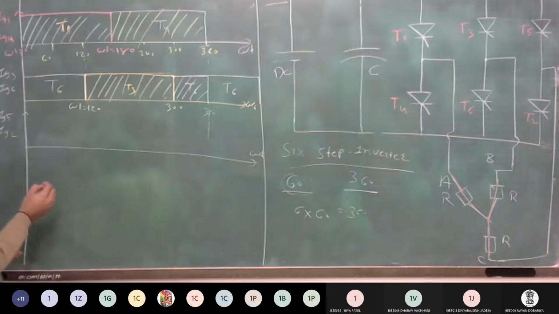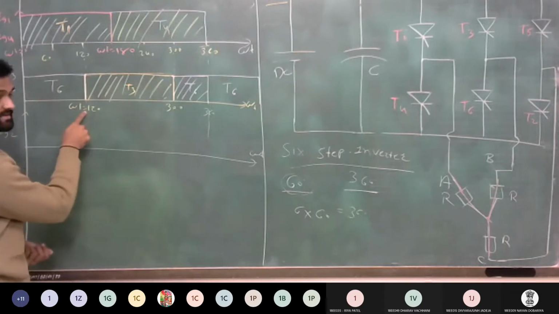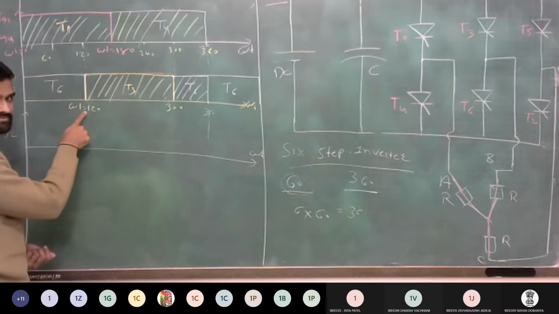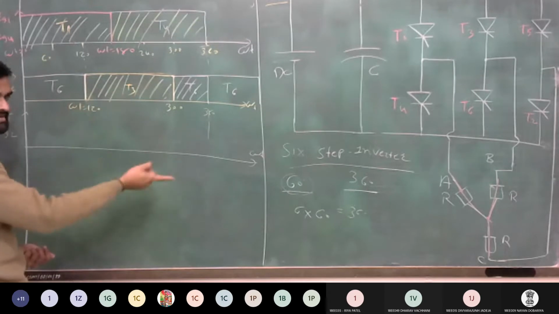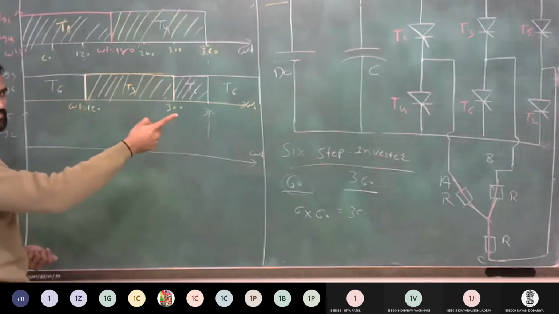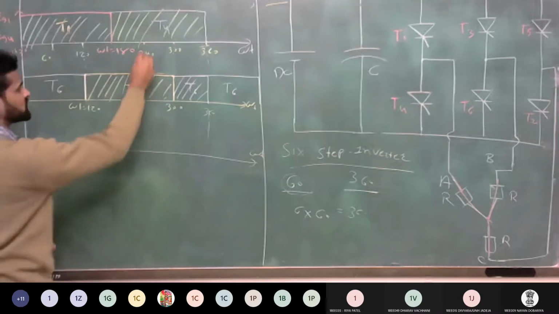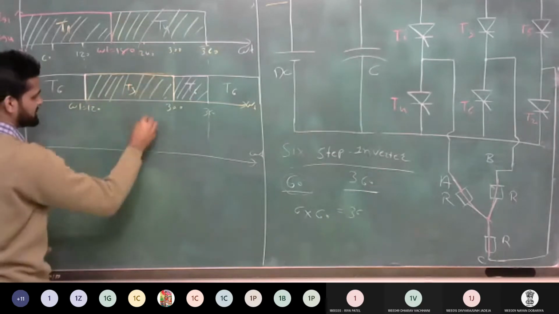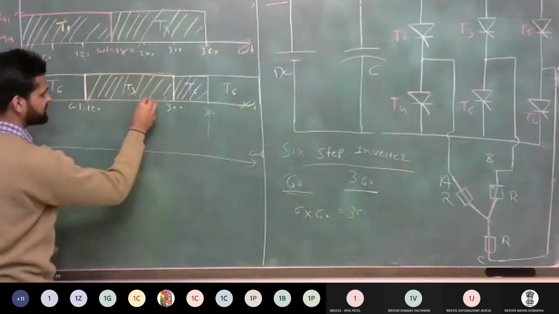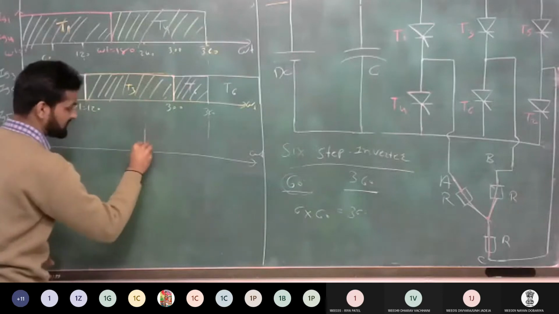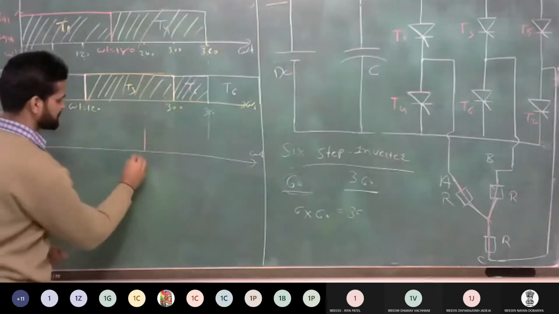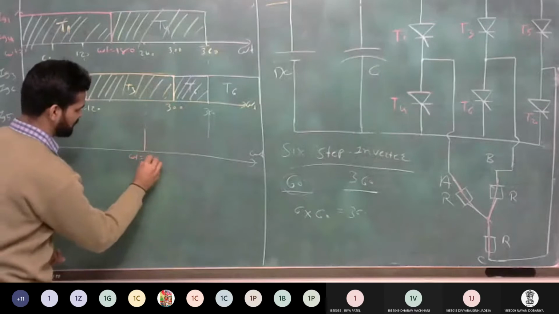You can see that at 120 degree angle your T3 will start here, so after another 120 degree your T5 will start. It means 120 plus 120, so at omega T equal to 240 degree, thyristor T5 will start conducting.